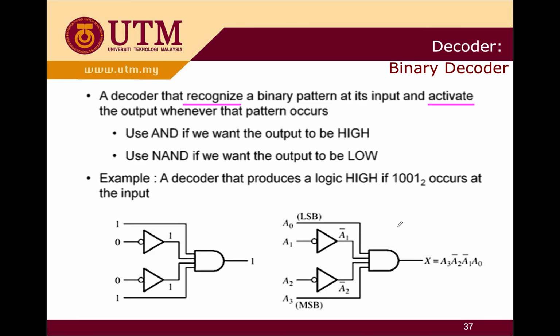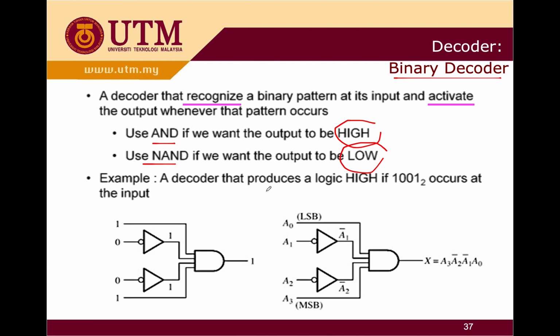Still on the decoder, a binary decoder recognizes a binary pattern at its input and activates the output whenever that pattern occurs. You're going to use AND if you want the output to be high, and you're going to use NAND if you want the output to be low.